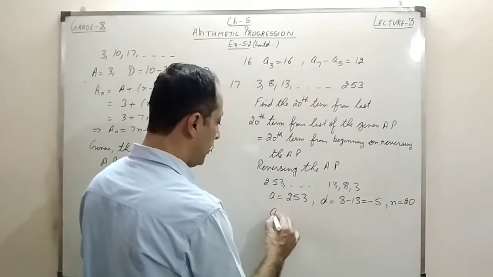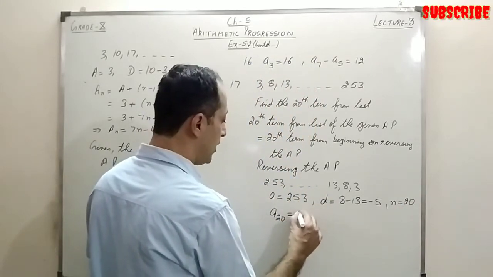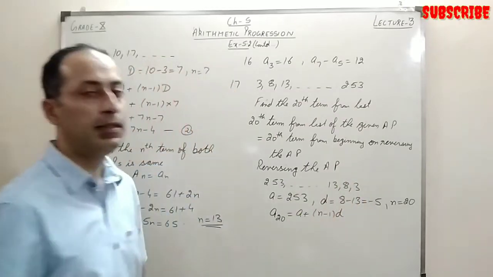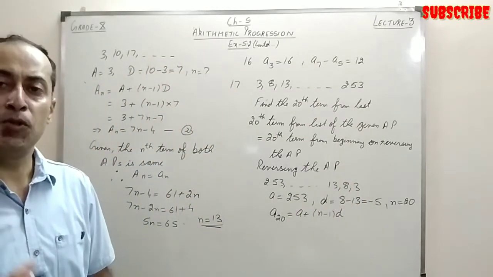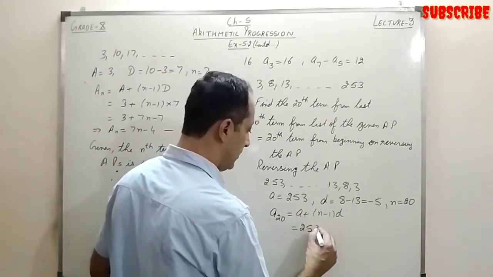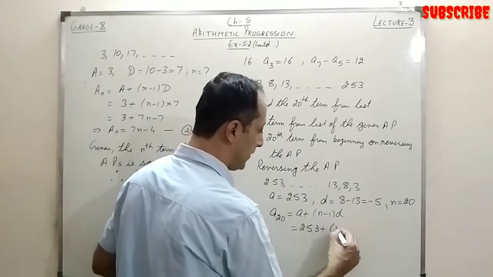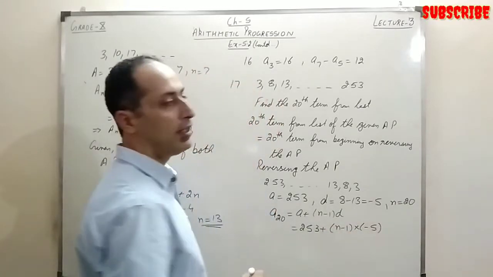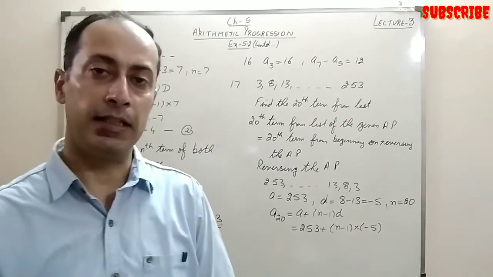I find A20. So A20 equals A plus n minus 1 into D. This is one of the ways; I'll tell you one more way to find the answer.